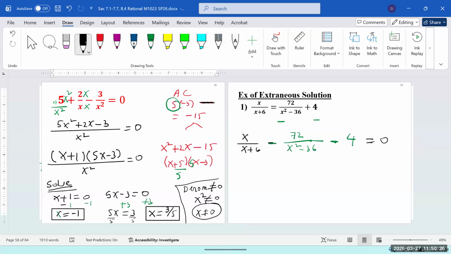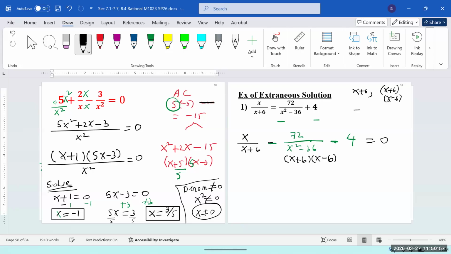Okay, so x plus 6 is single. We don't have to worry about that. But how about x squared minus 36? Is it factorable? Perfect square. Good job. So what two factors do we get? x plus 6, x minus 6. So one of the denominators is x plus 6. The other denominator is x plus 6, x minus 6.